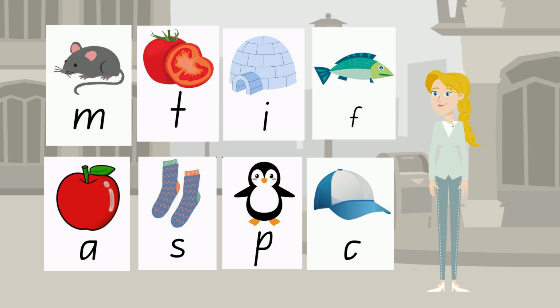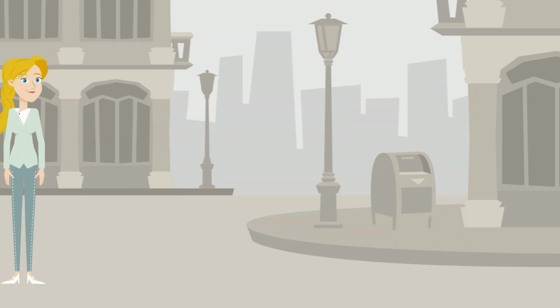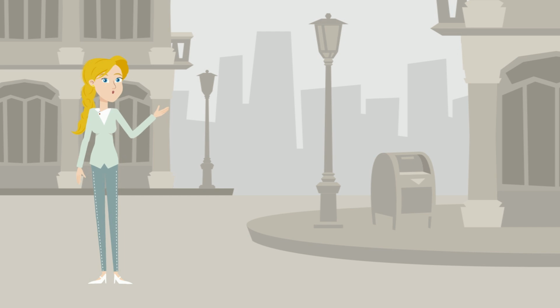In today's lesson, we will make and read words. And later on, I will introduce you to another sound for our sound wall. Let's revise the sounds we've learnt so far.